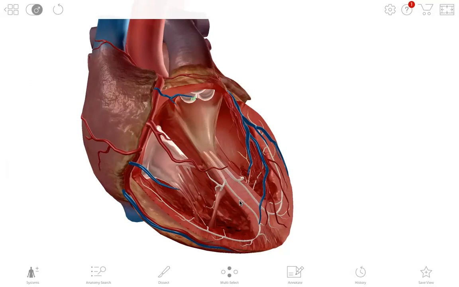The first heart sound is called the lub, the second heart sound is called the dub. The first heart sound is formed from the closure of the atrioventricular valves, the tricuspid and mitral, while the second heart sound is produced from the closure of the pulmonary and the aortic valves.